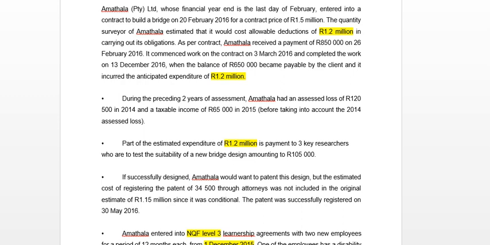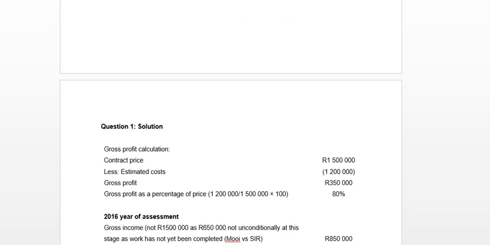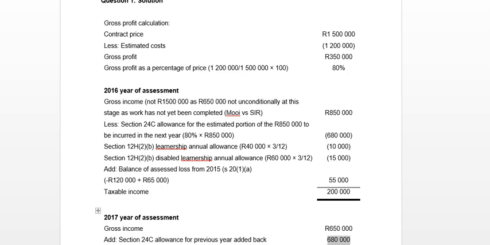Okay, and then the next part says during the preceding 2 years of assessment, Amakala had an assessed loss of 120,500 in 2014 and taxable income of 65,000 in 2015, before taking into account the 2014 assessed loss. So what does that mean? We can carry over any assessed losses we made to the current year of assessment. So if we look at it, that will relate to the 2016 year of assessment.